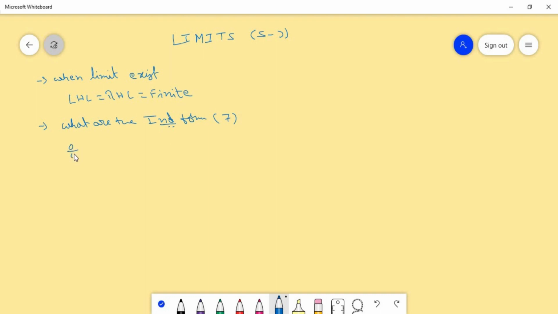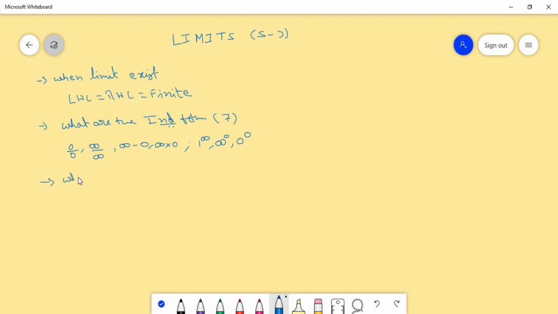Those are 0 by 0, infinity by infinity, infinity minus infinity, infinity into 0. And the remaining exponential ones: 1 power infinity, infinity power 0, 0 power 0. These 4 are exponential, totally 7. These 7 are called indeterminate forms.